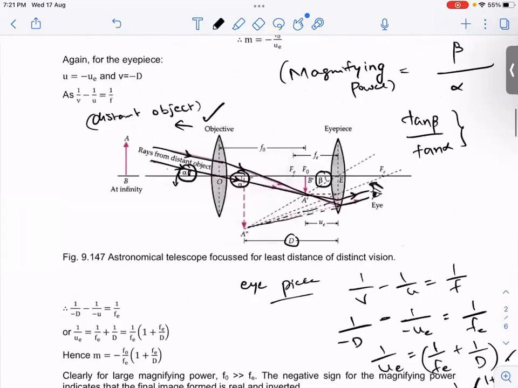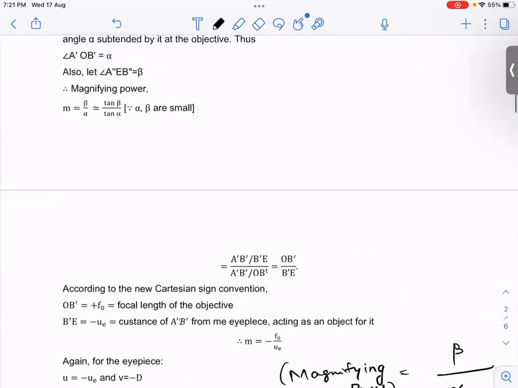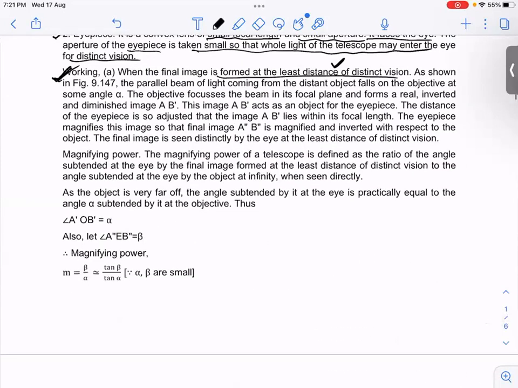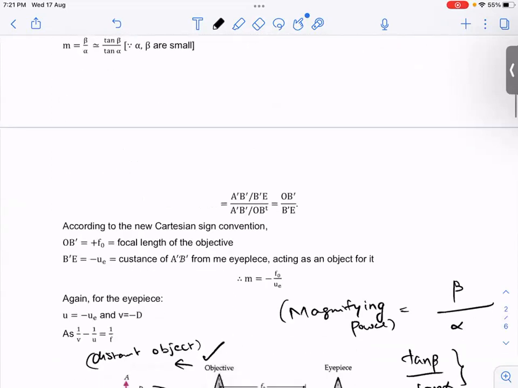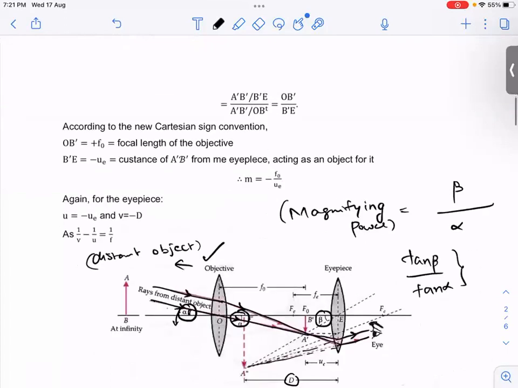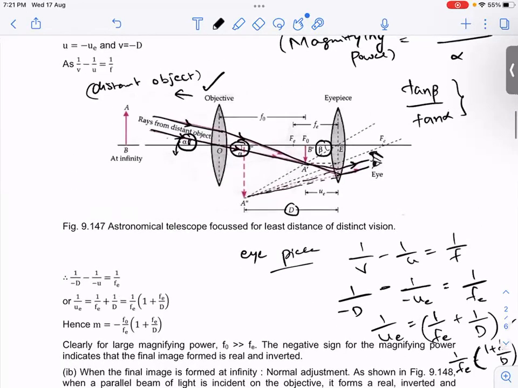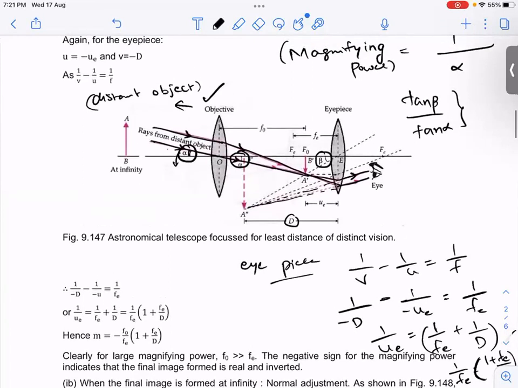Okay. Next, if you see, what is the magnifying power? It is tan beta by tan alpha. For tan beta, I will take this right angle triangle.